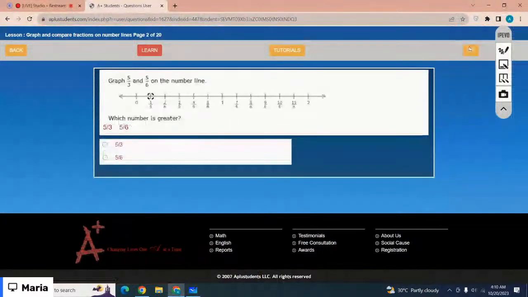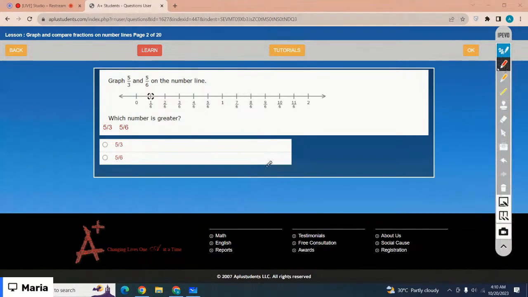The next one is 5 by 3 and 5 by 6 on the number line. Just look at this one, 5 over 3 and 5 over 6.